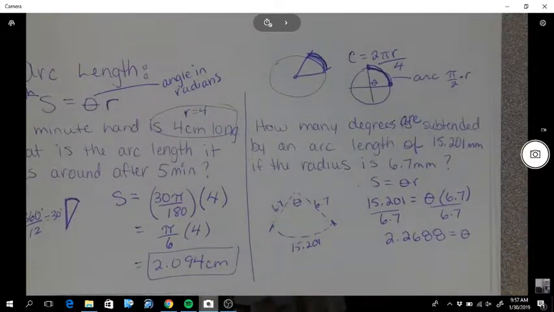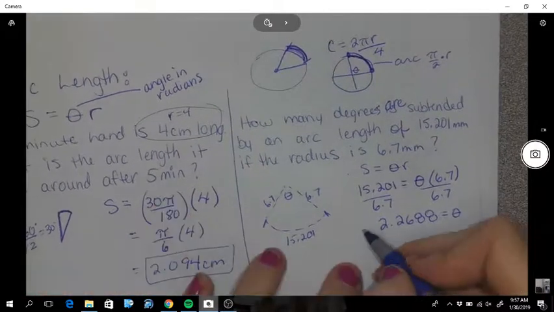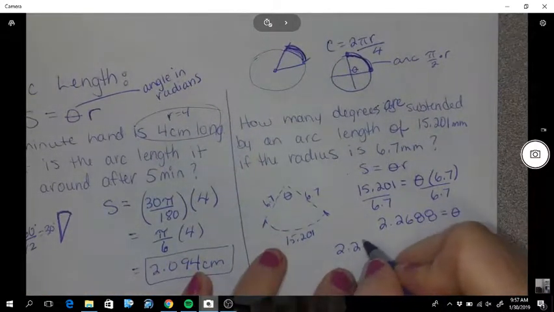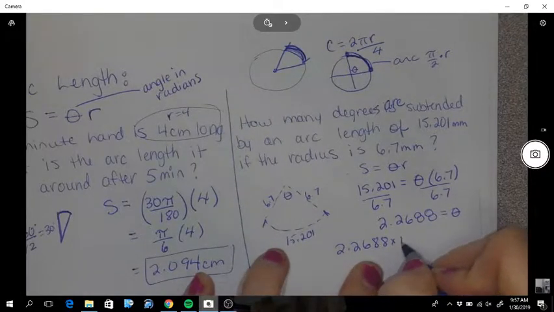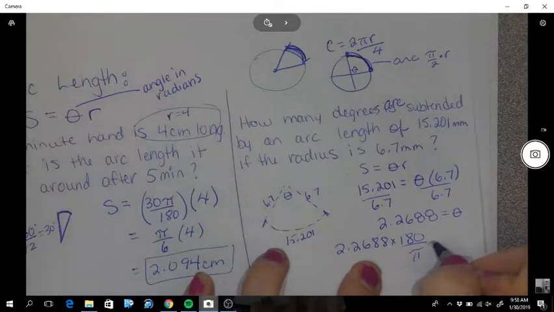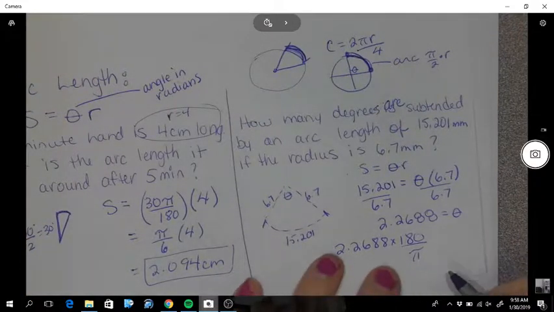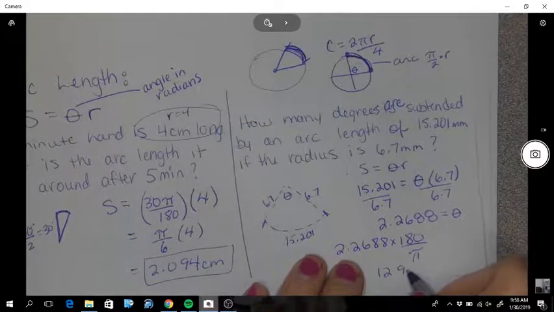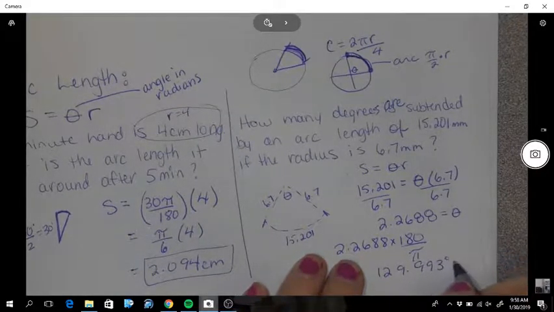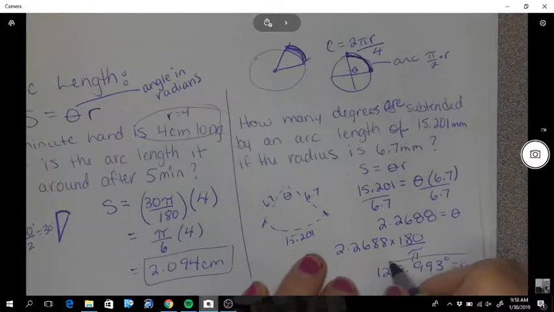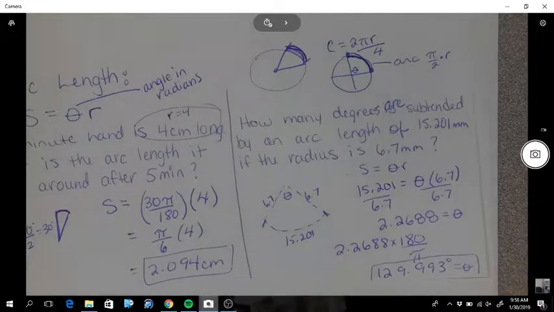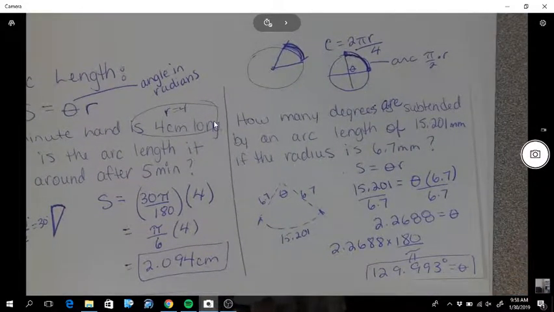That's radians, but I'm asked for how many degrees, so I'm going to take that radian times 180, divide by pi, and I get 129.993 degrees. Okay, that's lesson 1.